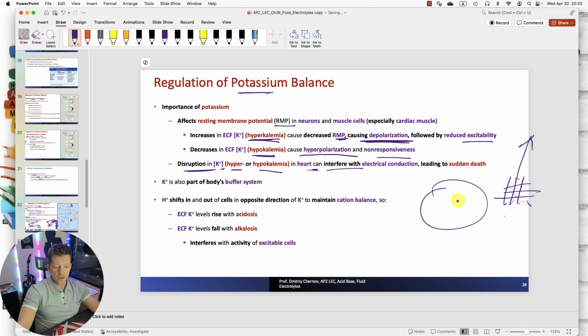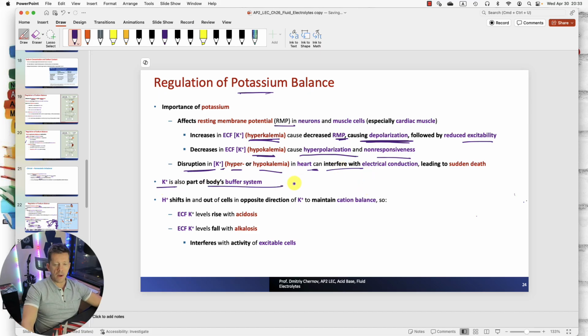Here's high, here's low, obviously you're going to go there. If there is high and there is low, you're going to enter. And that can also lead to fluid shift, obviously. And that can also have its own consequences.